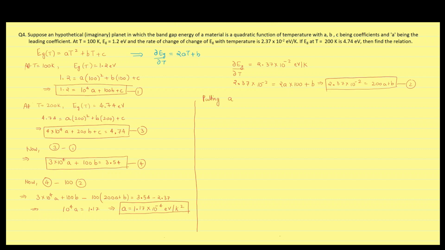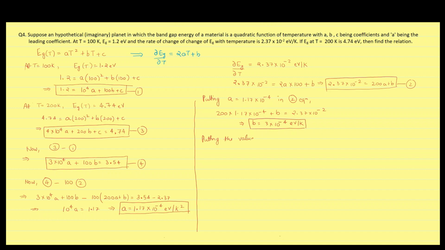Now we will put the value of A in the second equation. By solving this expression, we will find the value of B to be equal to 3 into 10 raised to the power minus 4 electron volt per Kelvin.